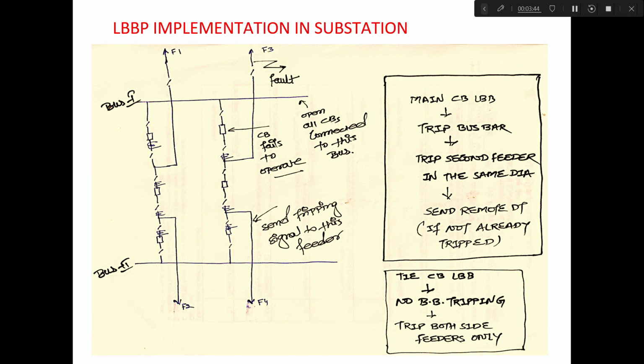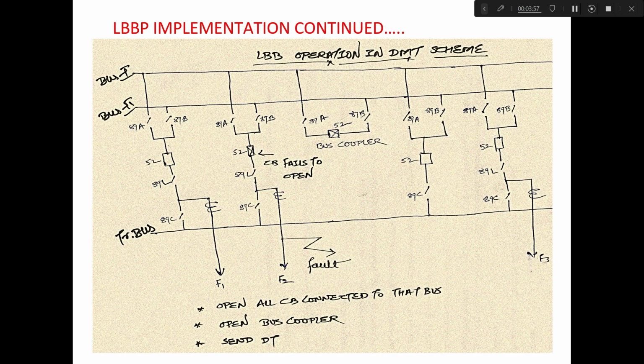I am not going to discuss these things again here. I am going to discuss only the configuration of inputs and outputs, and for understanding them, there are some concepts you must understand, which I will discuss in this session. So recall from the previous sessions about the LBB or breaker failure protection.